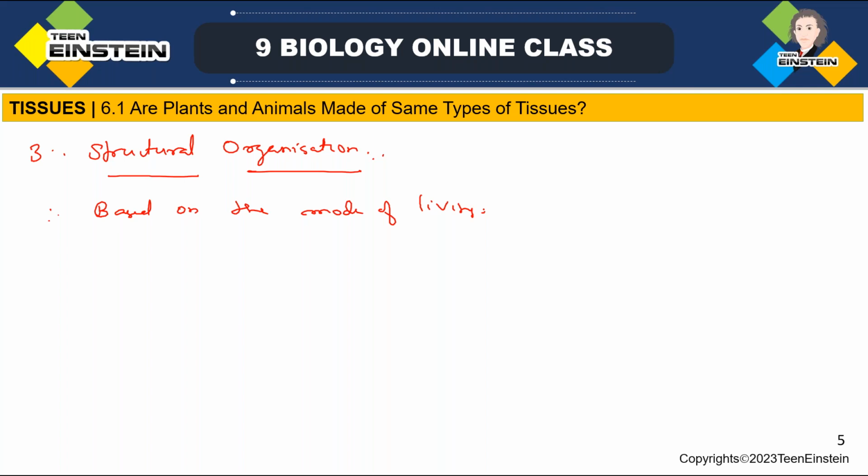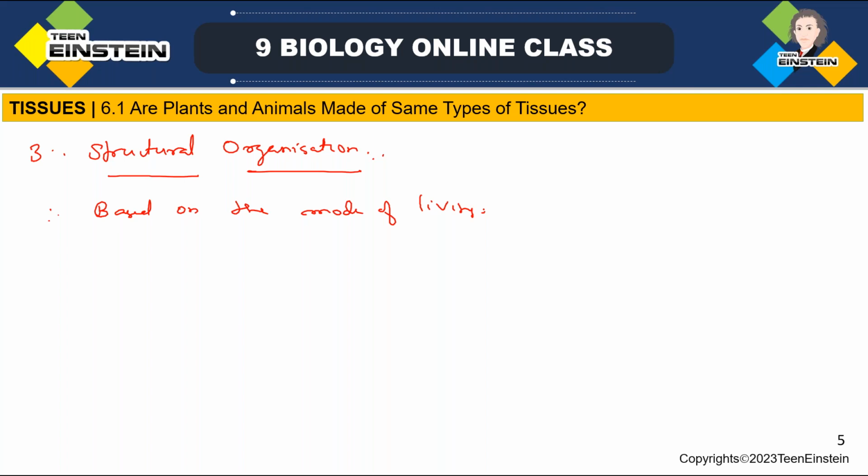Plants cannot do locomotion because they are not able to move from one place to another. But in animals, locomotion is there, so they have more active cells because they need more energy. We have already said that plants are not moving, they have an upright position, and their structure is in such a way.